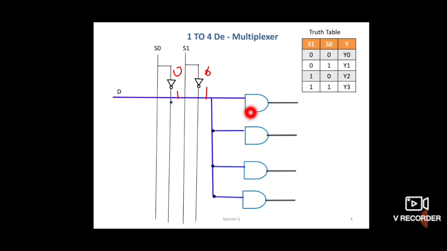If 1 is passed, then the first AND gate is enabled. So connect these lines for 0 0, meaning S1 and S0.